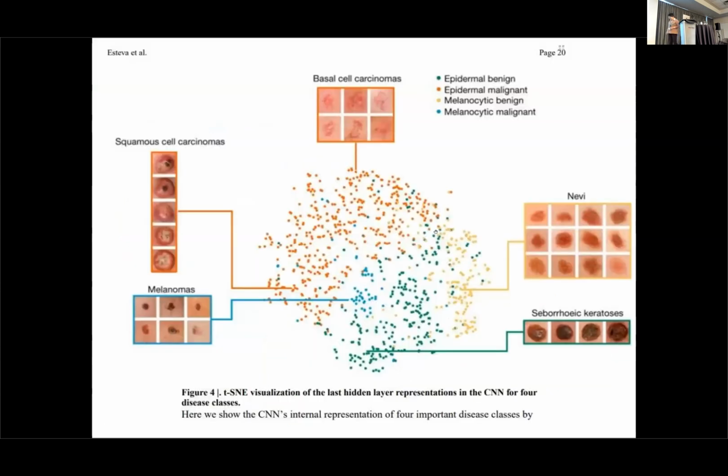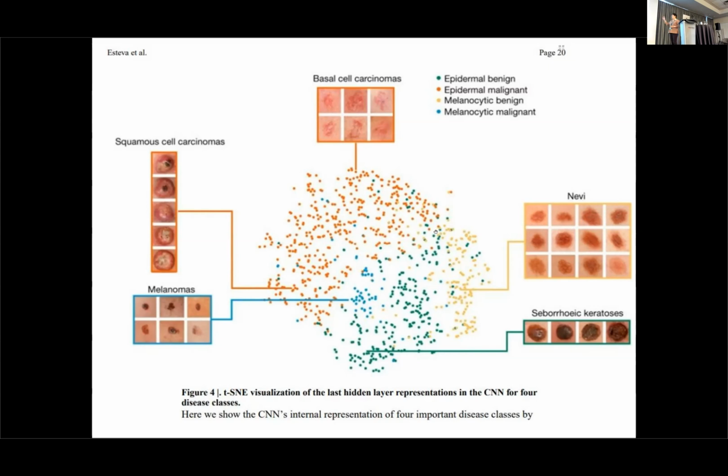So essentially, these are 3 cancer types, and then the other 2 are non-benign skin conditions images. Okay, so essentially they're using the deep neural network to do image analysis of the skin. And this graph is from that 2017 paper. It's showing you the t-distributed stochastic neighbor embedding, the t-SNE.